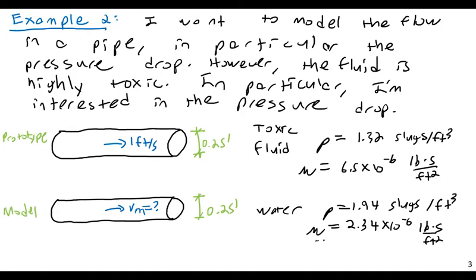And I am told also that for the model, we'll be using a delta P of 0.54 pounds per square foot, or 0.45 pounds per square foot. Okay? And I want to find delta P for the real system.